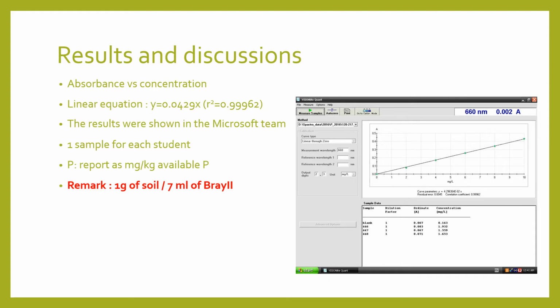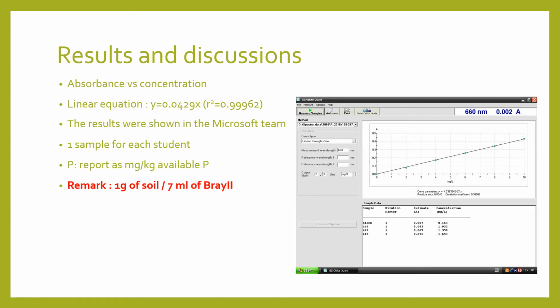And remember that the concentration that you calculated from the graph or from the linear equation is the concentration in 1 gram of soil. So you have to change the dimension and report it as milligram per kilogram of phosphorus.